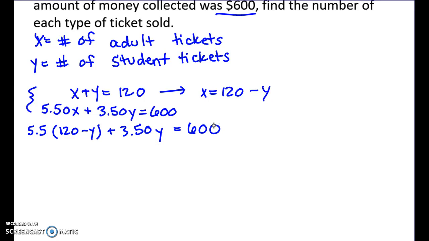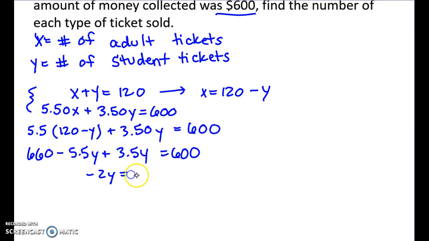We distribute to get 660 minus 5.5y plus 3.5y is equal to 600. I'm going to move some things around so I get negative 2y is equal to negative 60. So I end up getting that y is 30.